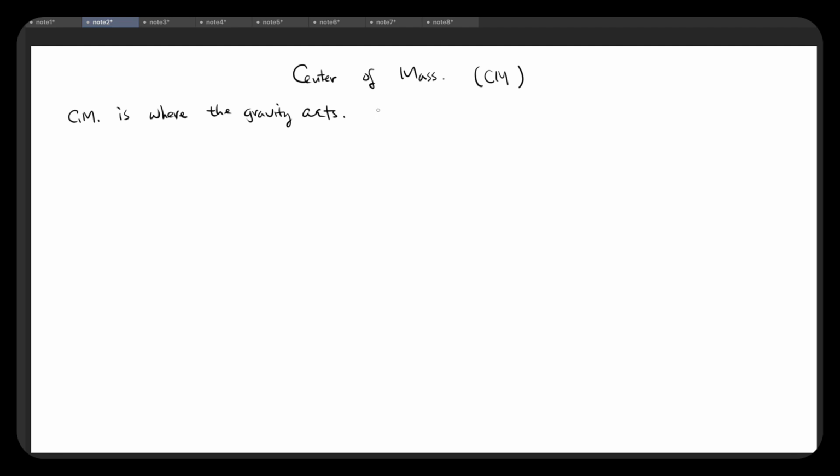And it is defined as the mass weighted position vector of each point throughout the rigid body. Okay, so it may seem abstract.